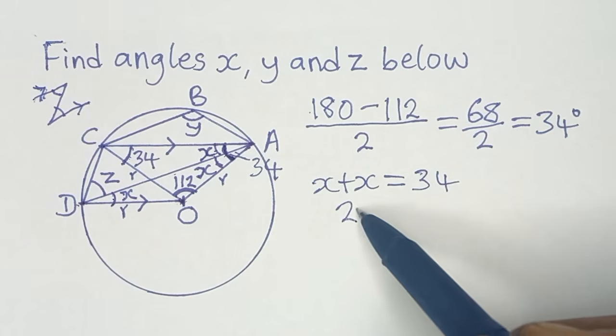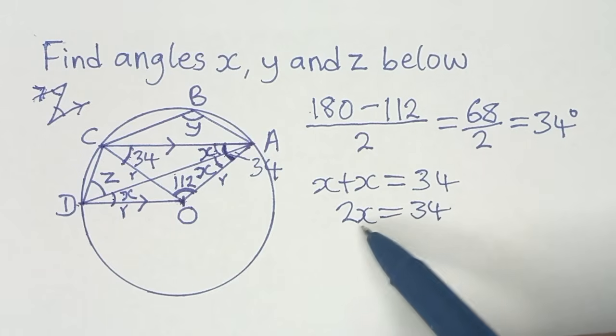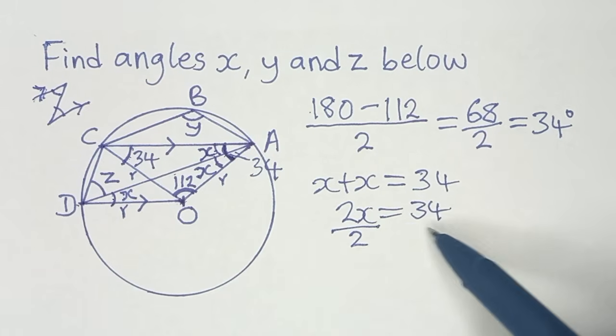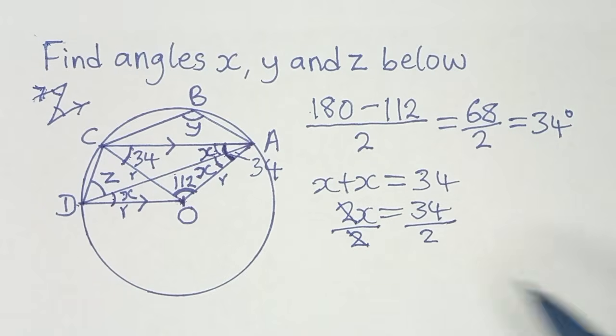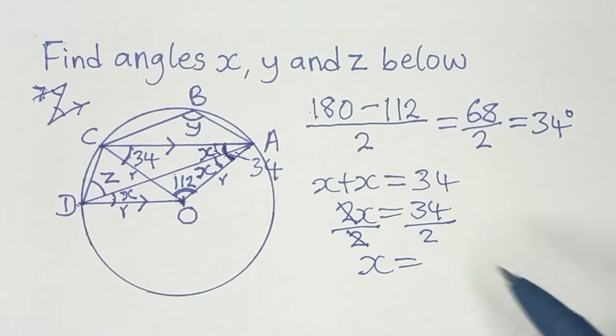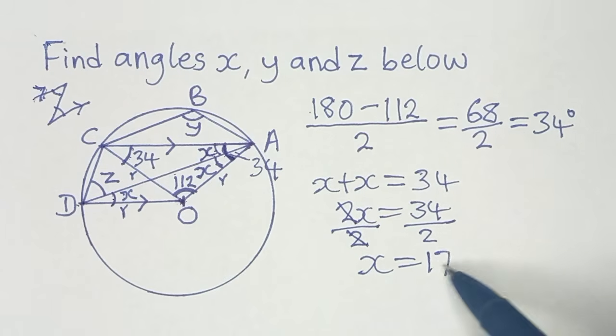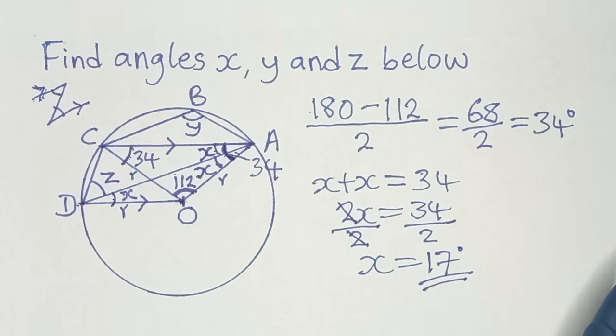So 2X will be equal to 34 degrees. And then I can simply divide both sides by 2. So these 2 will cancel 2. And I have angle X as equal to 34 divided by 2, which is going to give us 17 degrees. So that means the value of angle X now is settled.